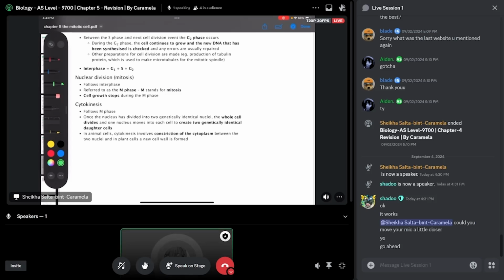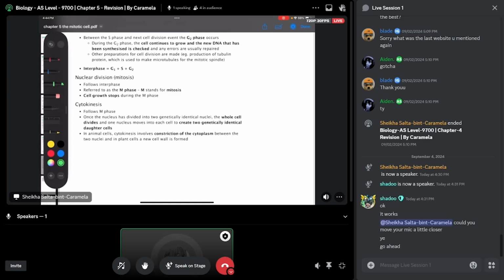And then after mitosis, when two genetically identical nuclei are formed, there comes cytokinesis. To produce two genetically identical cells, cytokinesis will happen, and in cytokinesis, the two daughter cells form a new cell membrane and divide. In an animal cell, cytokinesis constricts the cytoplasm and forms two cells.